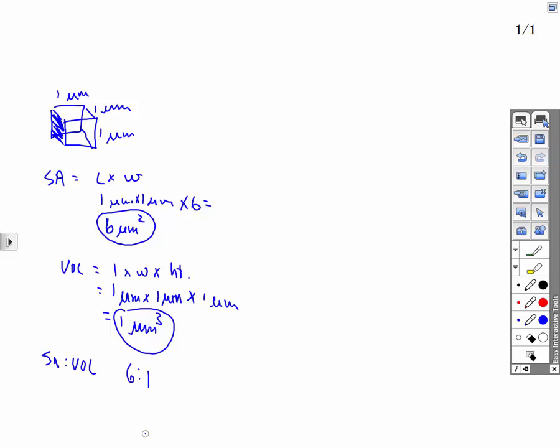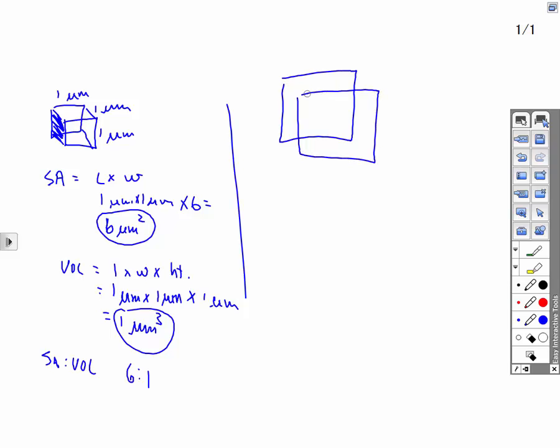So my surface area to volume ratio is 6 to 1. That's your ratio. All right, but what if we double the size of that cell, made it bigger? Let's calculate that. Let's say it's 2 micrometers by 2 by 2. Surface area, we'll do it correctly this time: length times width times 6 because we have 6 sides.